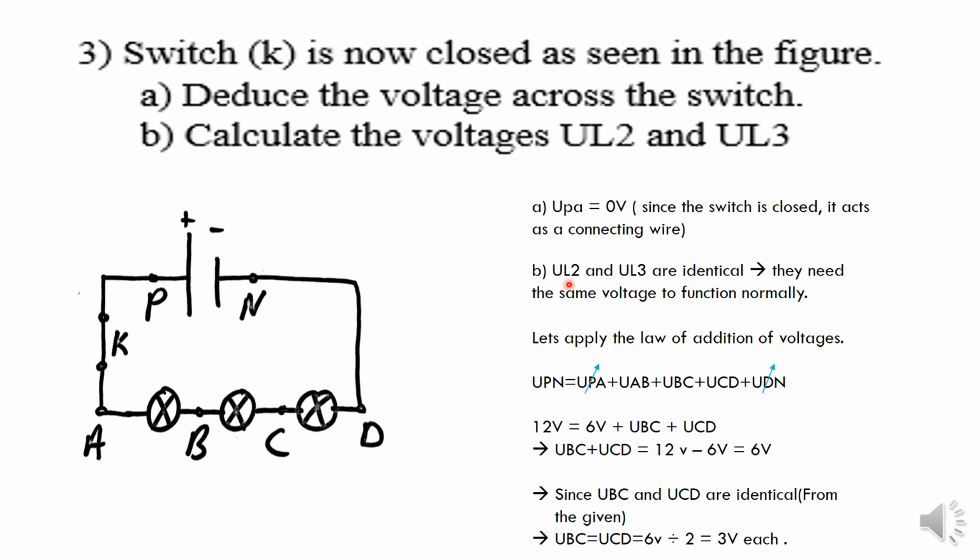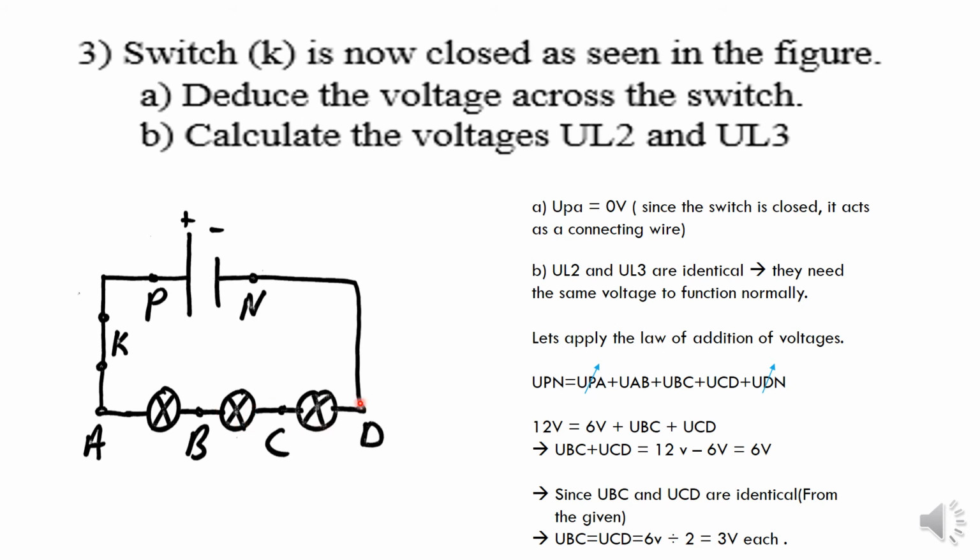B, I have to calculate the voltages UL2 and UL3, so UBC and UCD. In the given, they said that L2 and L3 are identical, which means that they need the same voltage to function normally. So if this lamp needs 3 volts to function normally, this lamp needs 3 volts to function normally.